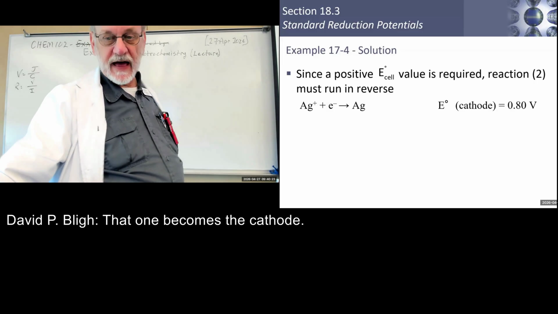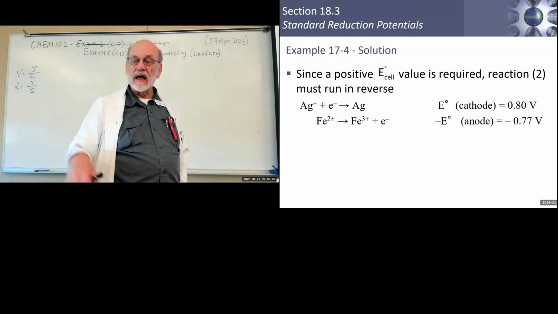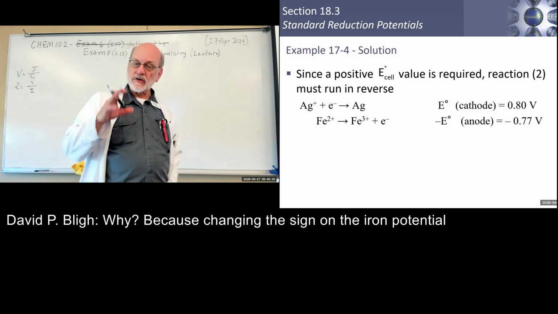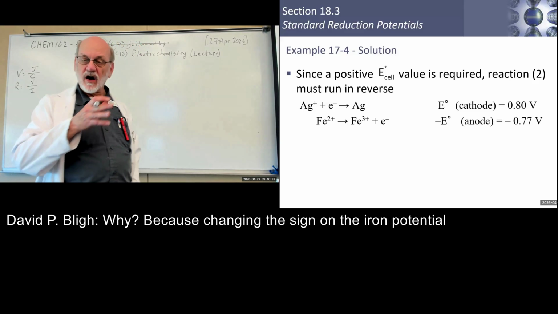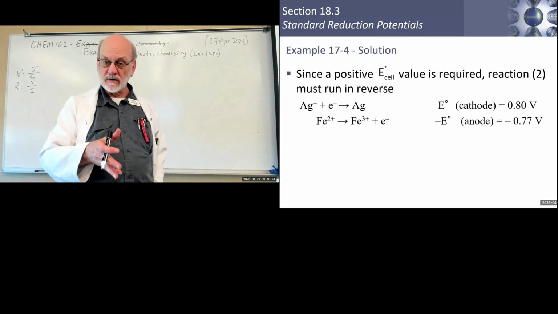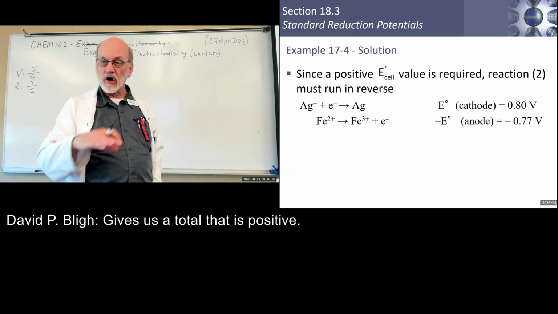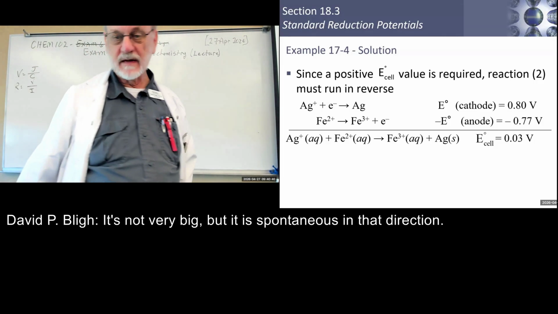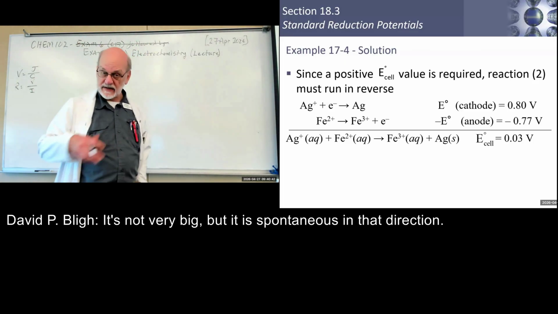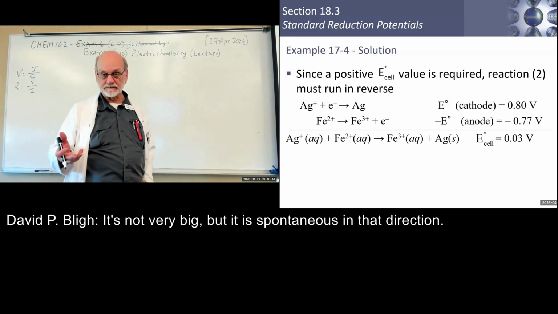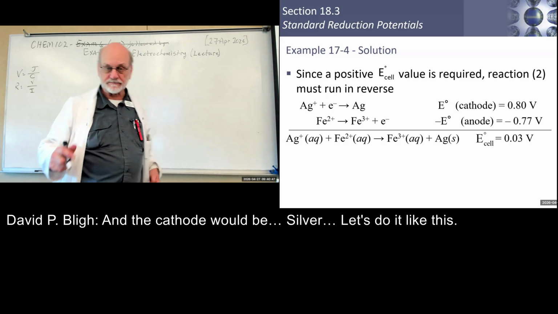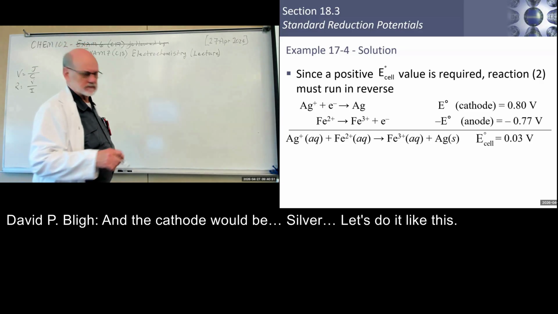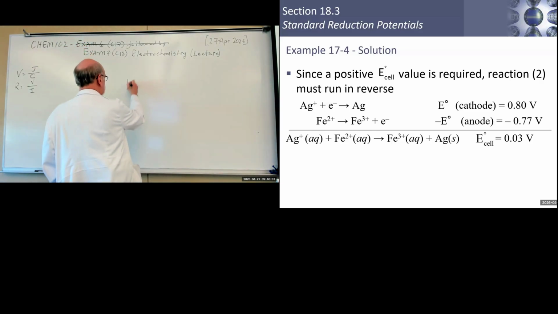There we go. Silver becomes the cathode, and the iron becomes the anode. Why? Because changing the sign on the iron potential gives us a total that is positive. It's not very big, but it is spontaneous in that direction. Let's do it like this.